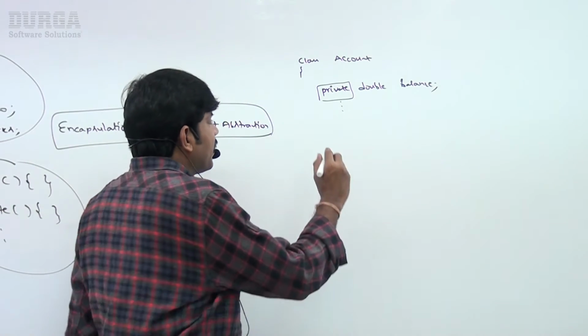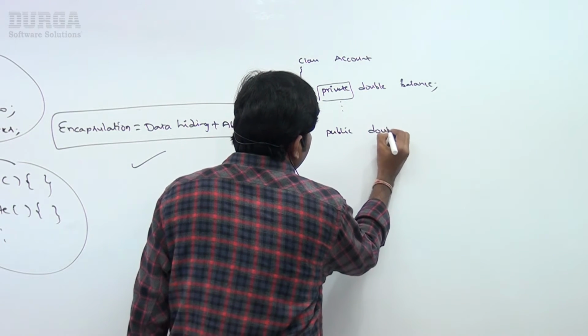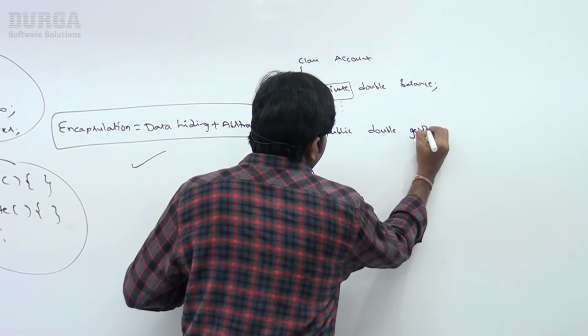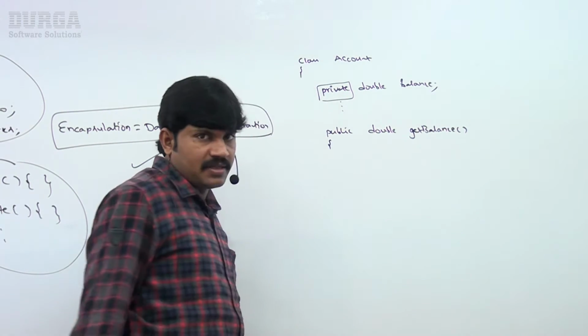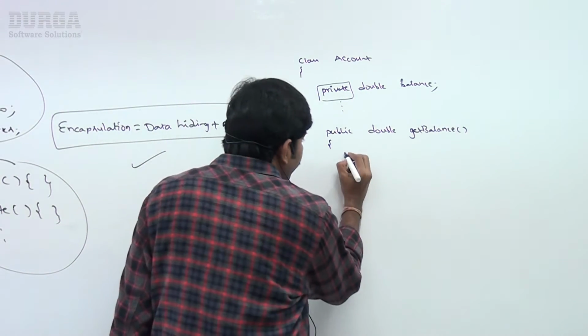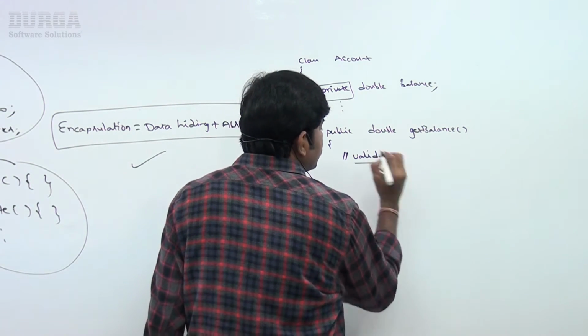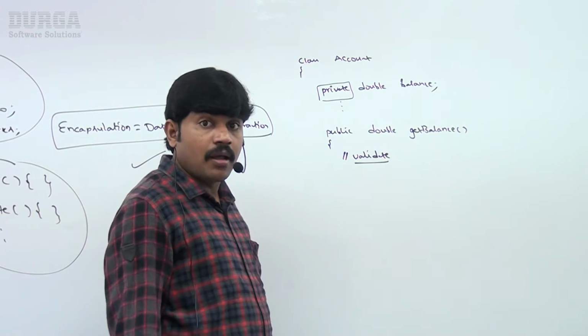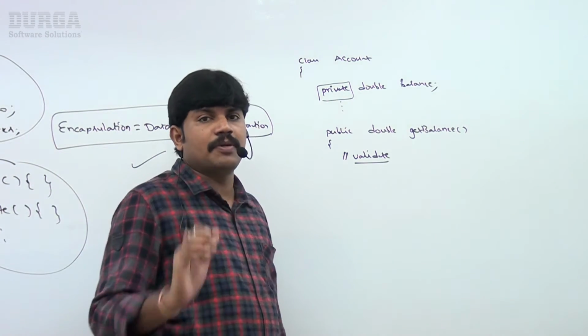Now I'm taking getBalance. Public double getBalance. Now validate, sir, perform the required validations, whether this person is the correct person or not. Ask for his username and password and so on.